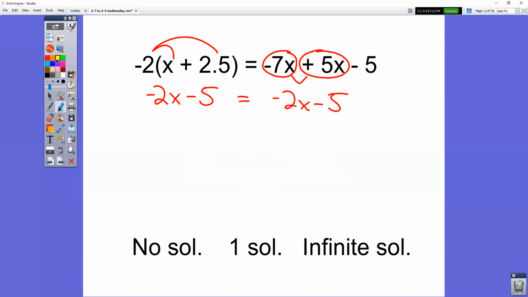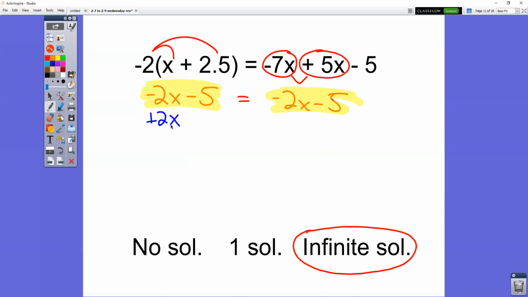If you went farther, that's fine, but you could have stopped right there because notice what we have. We have the same exact thing on both sides of the equal sign. We have negative 2x minus 5 here and negative 2x minus 5 here. As soon as you get the same thing on both sides of the equal sign, it has to be infinite solutions. If you took it one step farther, that's fine.